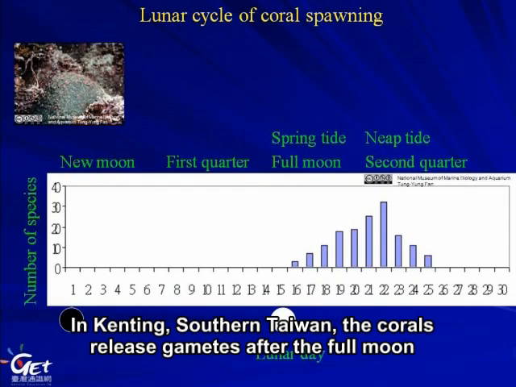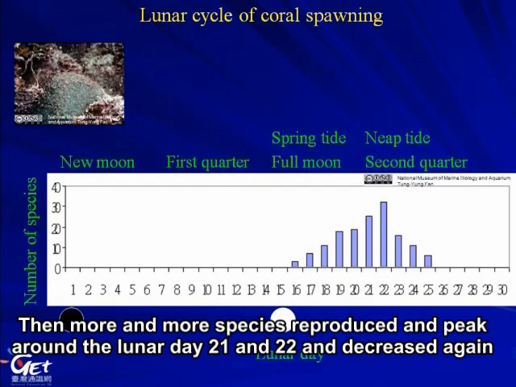In Kenting, southern Taiwan, the corals release gametes after the full moon. Then more and more species reproduce and peak around lunar days 21 and 22, then decrease again.